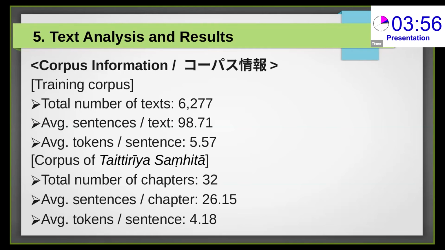In the corpus of the Tantric Sanskrit, there are 32 chapters in total, the average number of sentences in a chapter is 26, and the average number of tokens in a sentence is less than 5.